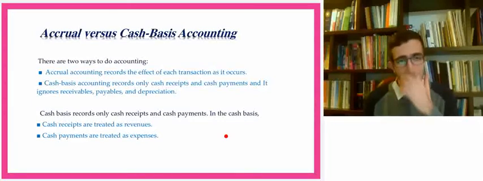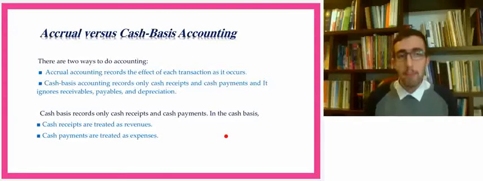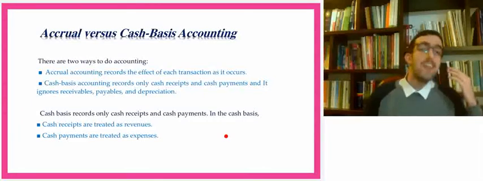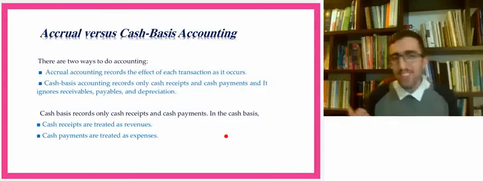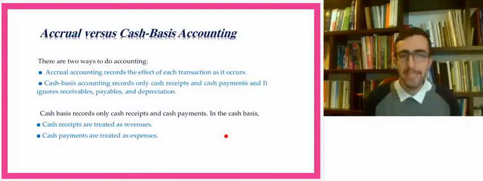Under accrual accounting, we have building $5,000 on the debit side and cash $5,000 on the credit side. But under cash basis accounting, cash payments are treated as expenses. So we have building expense $5,000 on the debit side and cash $5,000 on the credit side. And this is the difference between accrual accounting and cash basis accounting.